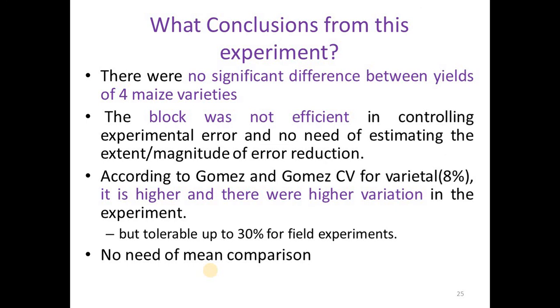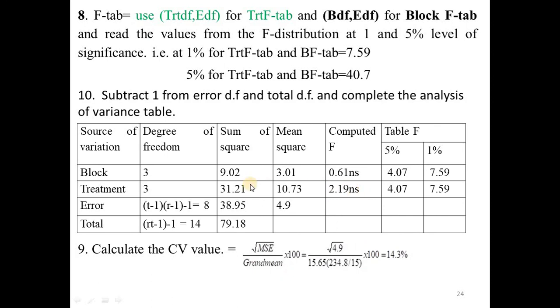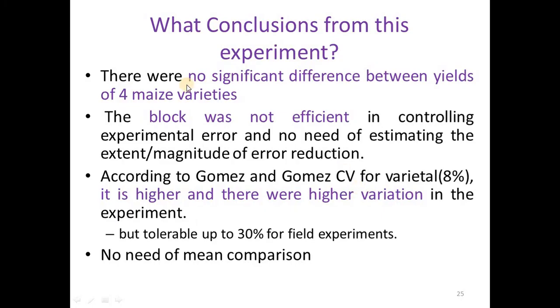There was no significant difference between the yields of 4 maize varieties, because in the ANOVA table the treatment is designated as NS, that means not significant. Our treatments were 4 varieties and the data was yield.